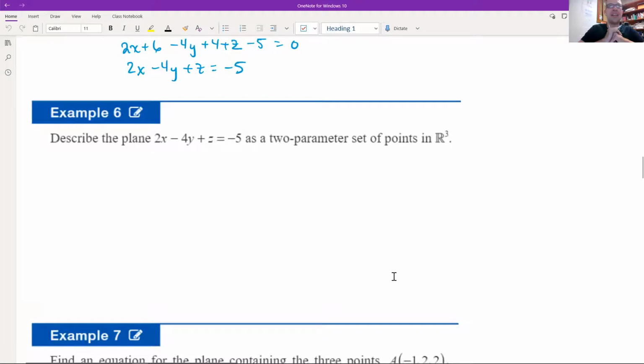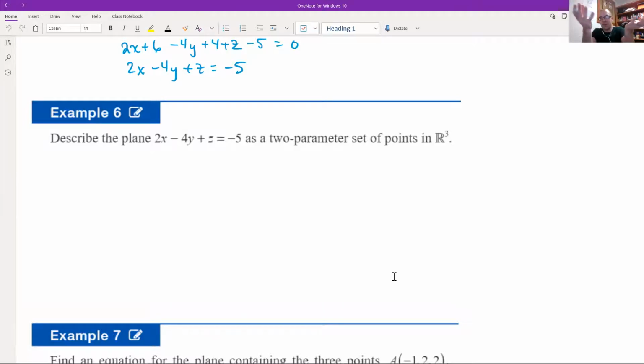Describe this plane as a 2-parameter set of points in R3. Okay. In this case, we're in a plane. You've got 2 degrees of freedom, 2 directions that you can go independently of one another, and the linear combinations of those 2 directions fill out all the points in a plane.